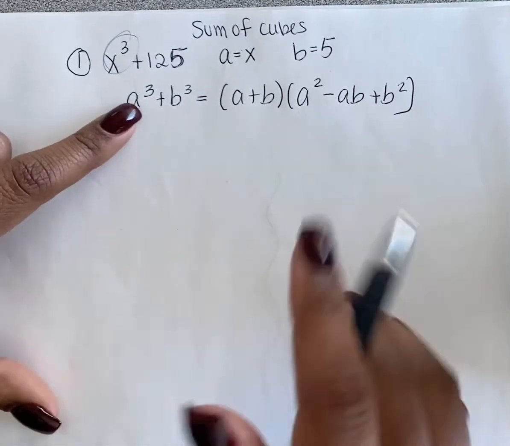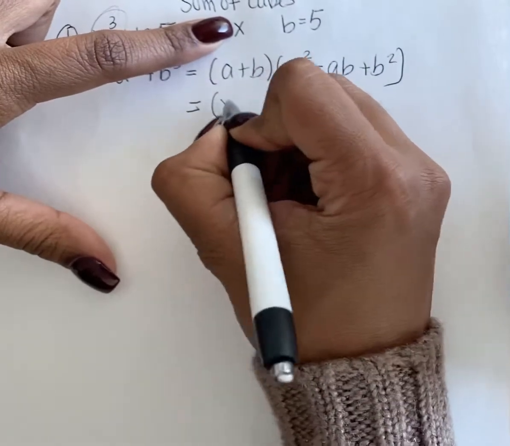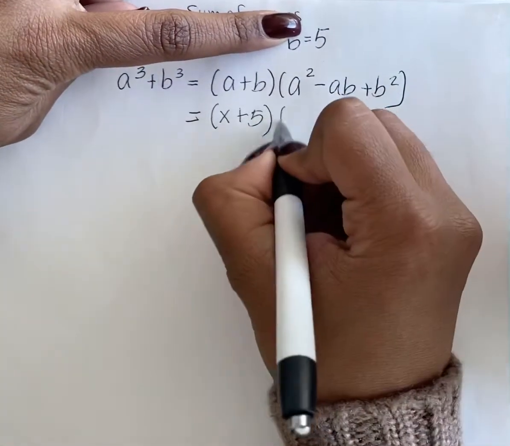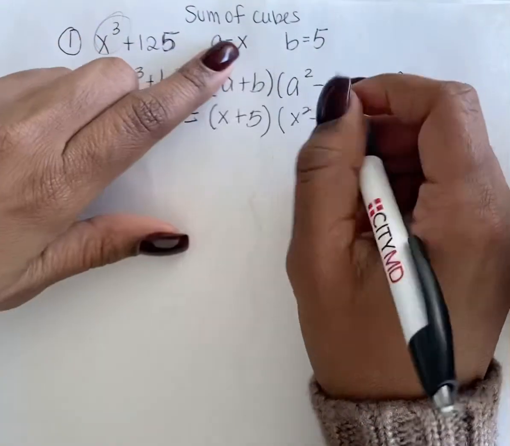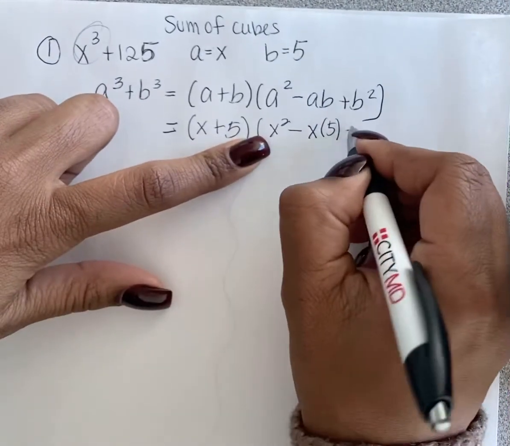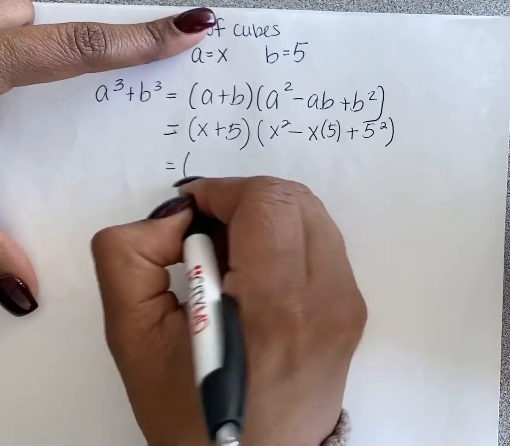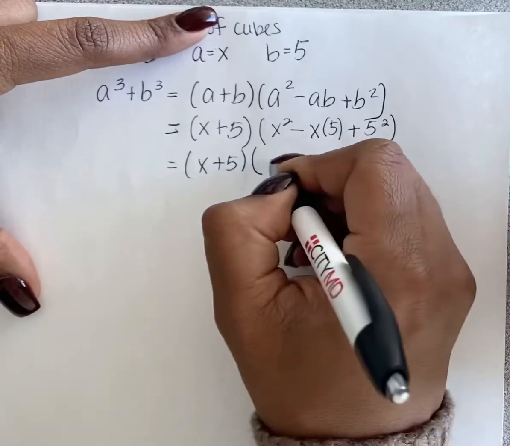All right, so this is really gonna equal, well, I know that a is x, and I know that b is 5, so x plus 5. I have a squared, so that's x squared, minus a, which is x, times b, which is 5, plus b squared, which is 5 squared.